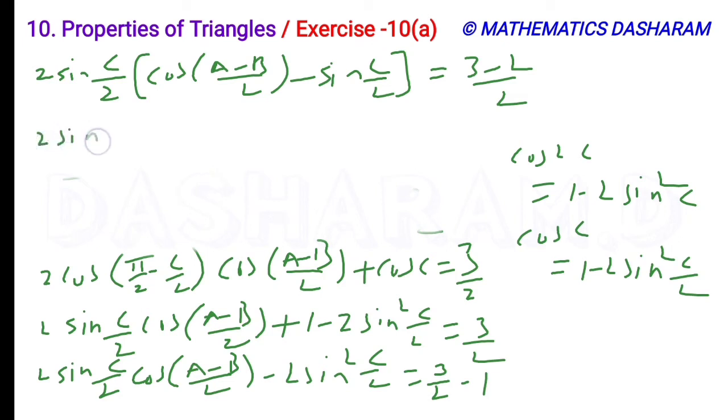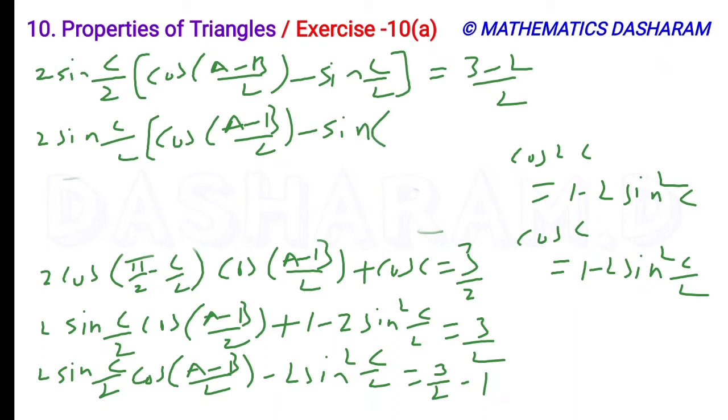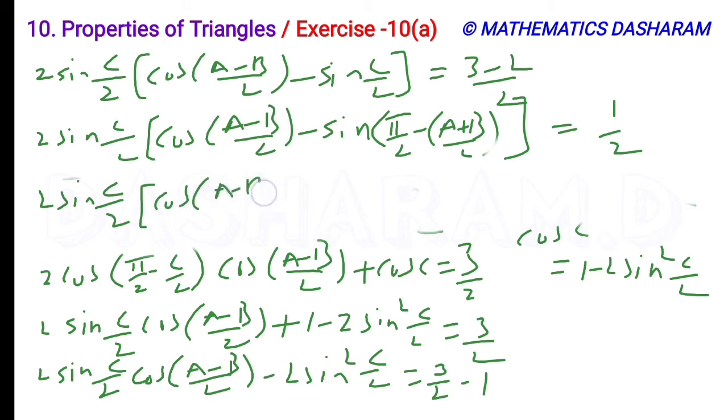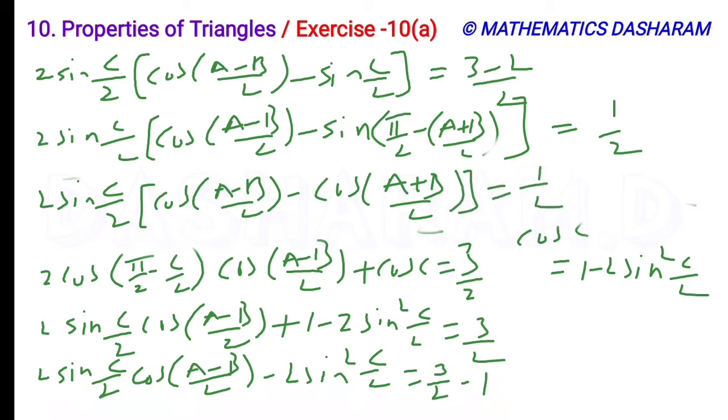So 2 sin C/2 into cos (A minus B)/2 minus sin, here the C/2 value can be written as pi/2 minus (A plus B)/2. So it is equal to (3 minus 2)/2, 1/2. So 2 sin C/2 into cos (A minus B)/2 minus, sin(90 minus theta) is cos theta. So cos (A plus B)/2, it is equal to 1/2.